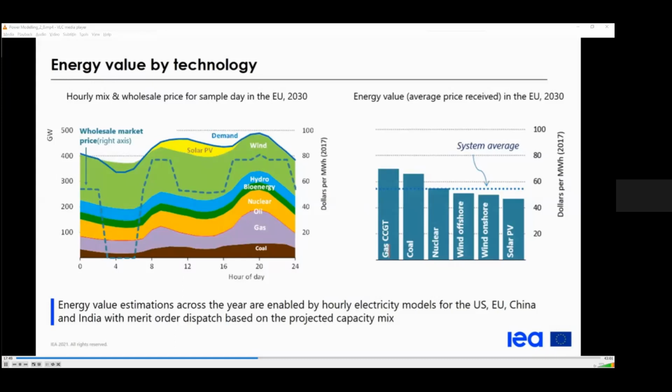A quick word on the flexibility value. This is really the most difficult one to represent. In the ancillary service market in Ireland, we have more than 20 products from primary, secondary, reserves, regulation, frequency controls, and it is very difficult for a global model such as the World Energy Model to represent that kind of details.